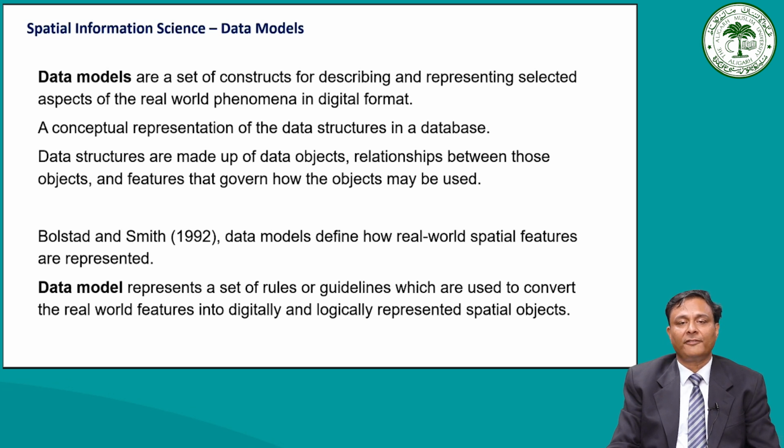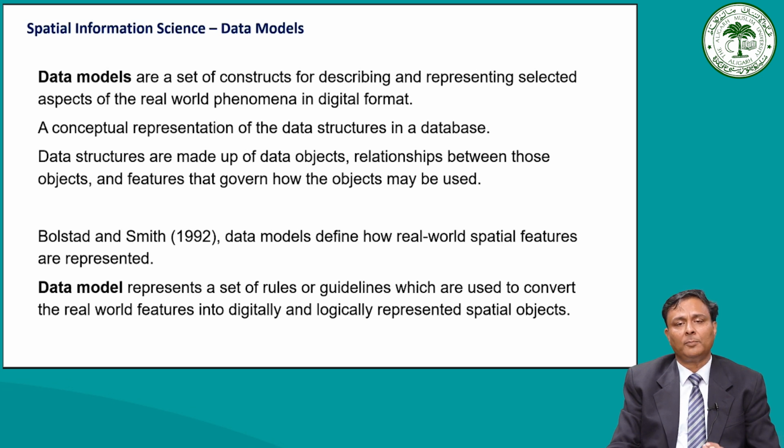The data model is defined as how real-world spatial features are represented in spatial information science. In other words, data models represent a set of rules or guidelines which are used to convert the real-world features into digitally and logically representing the spatial objects.